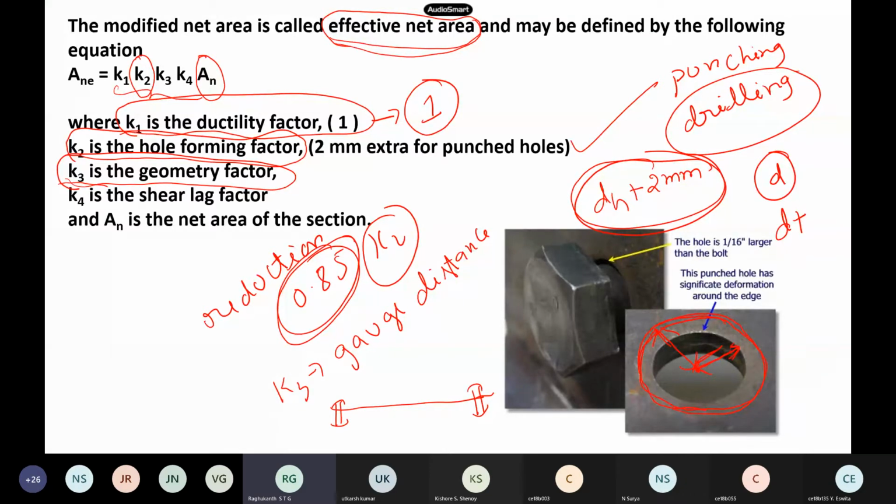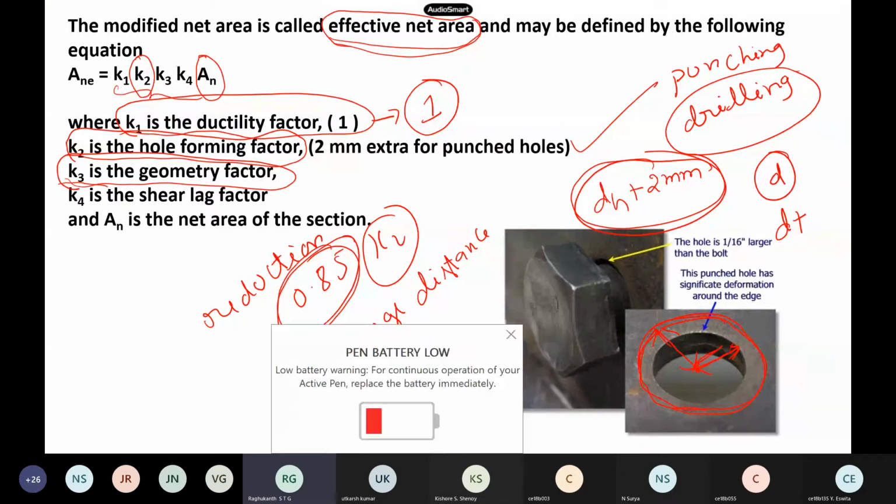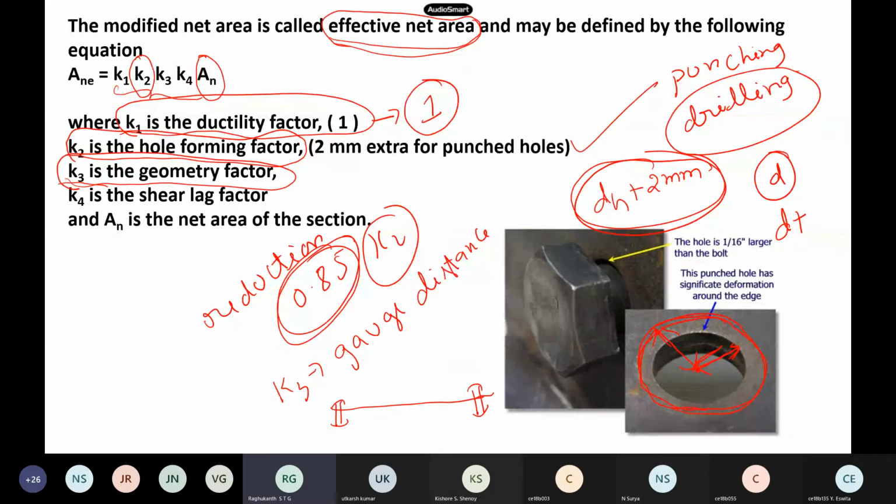If the distance is very, very long, what happens? Tacking is fine, but I'm asking, whenever I have these two bolts, what is the problem? The gauge distance is very high. Now what happens? Buckling might happen.